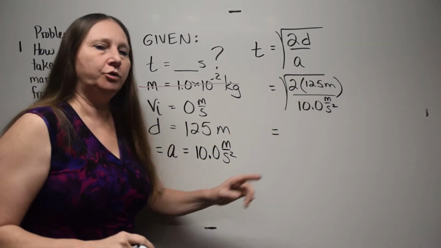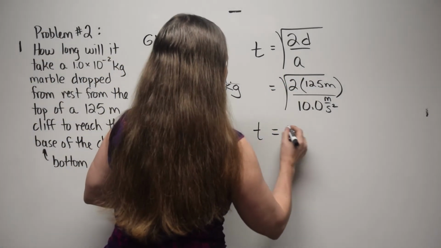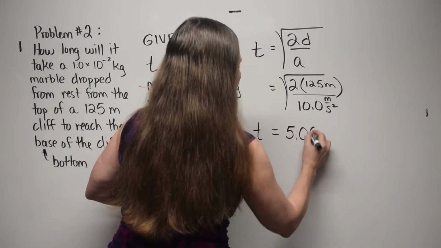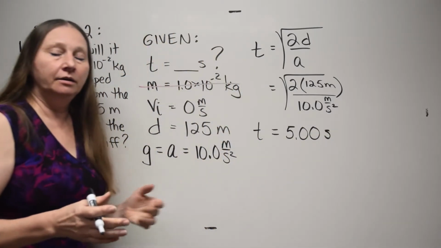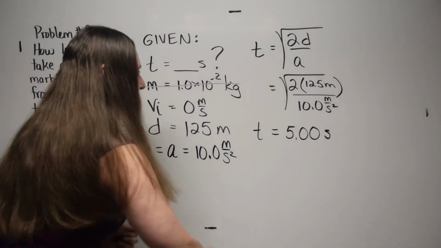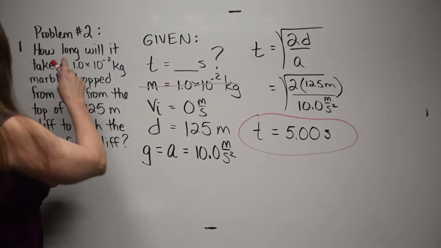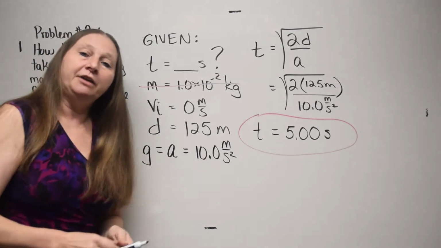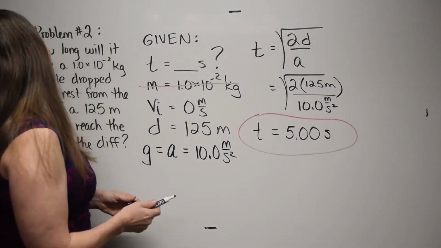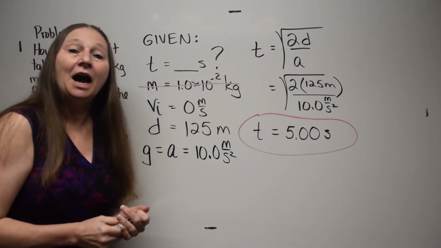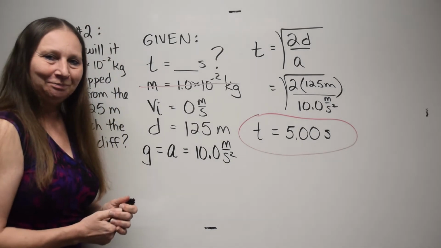Take the square root of 25. The time is 5 seconds. But we knew that from the magic chart. The answer is that it's going to take 5 seconds for that marble to hit the ground from a height of 125 meters.